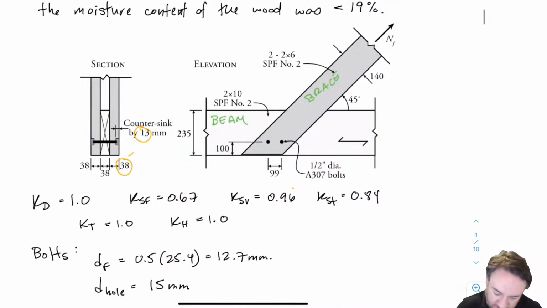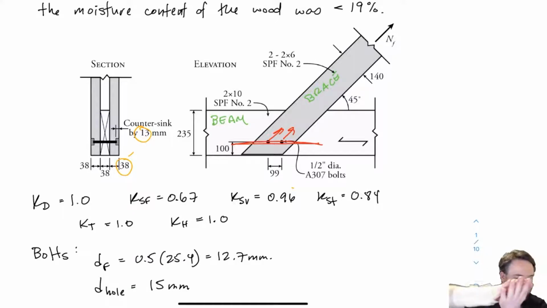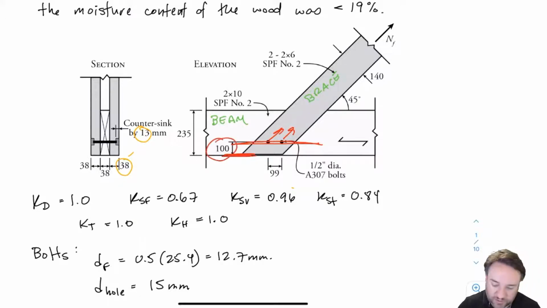So you'll recall way back our unloaded edge distance. Here's our beam. We're looking at splitting of the beam. Here are the loads from the bolts onto the beam. The beam will split like this, right, and separate. And we need our unloaded edge distance. This is our unloaded edge, and the unloaded edge distance is 100 millimeters.